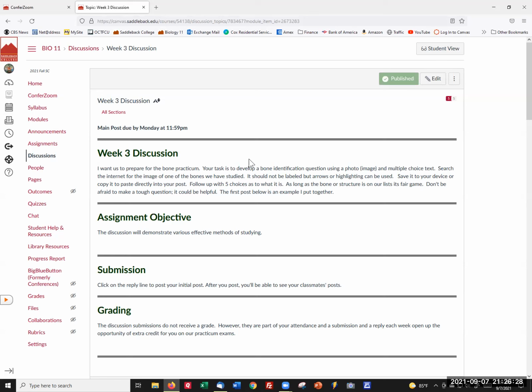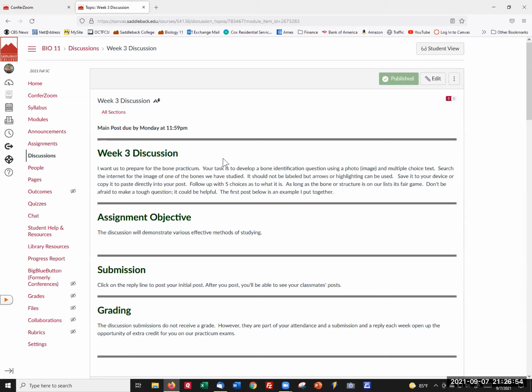Put in there, for instance, if you want skull, put bones and skull, and then click search, then click images and pick one. Cut and paste, or save it to your desktop till you're ready to do that.